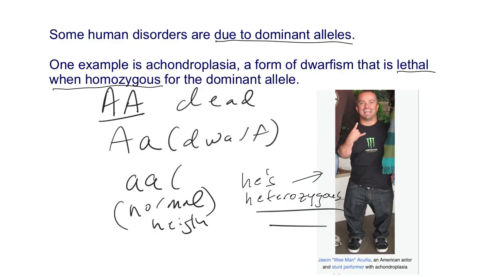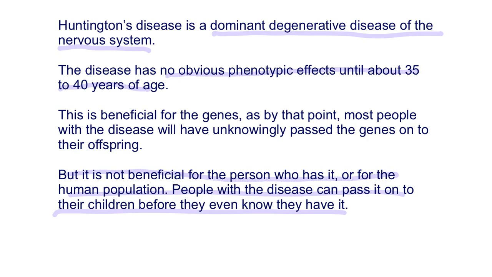It's a lethal situation. Huntington's disease is another genetic disease due to a dominant allele. You can't tell you have it phenotypically until you get to middle age, and then your nerve function just starts degenerating.